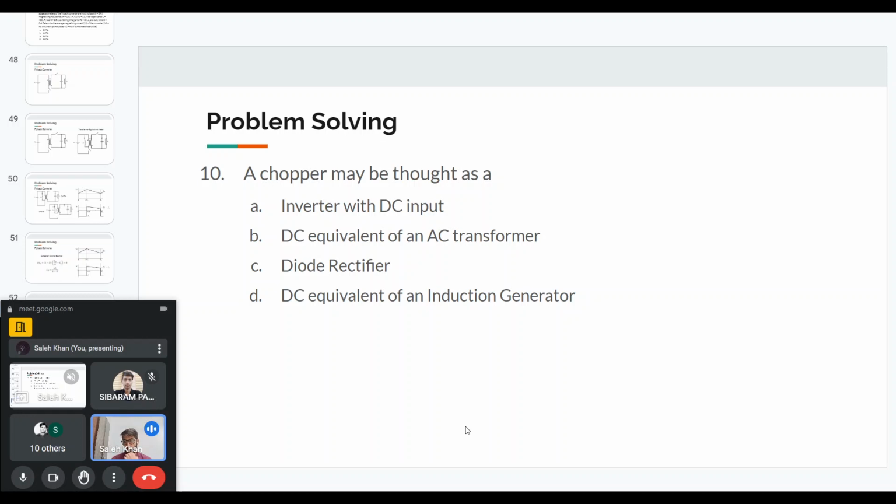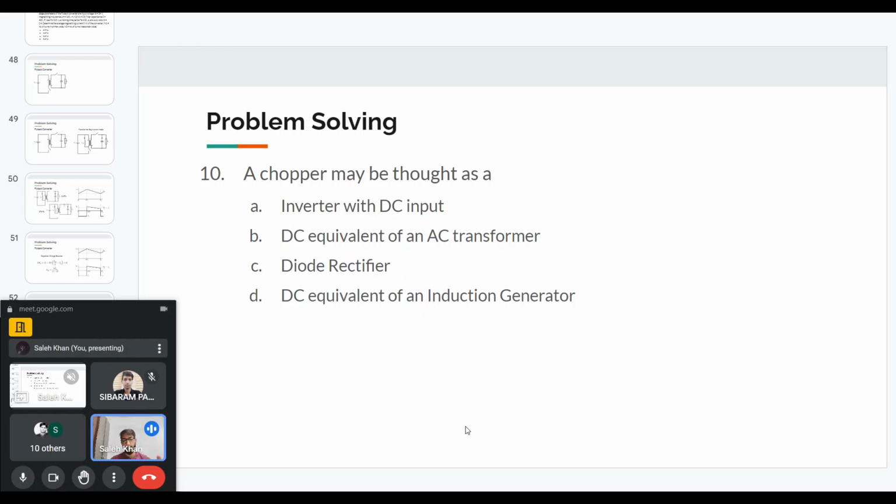Transformers only work for AC or variable voltages and currents, because the flux has to change for some other voltage to be induced in a coil. And for DC, because there is no change, there will be no induction in the coil. So that is why we don't have a DC transformer.